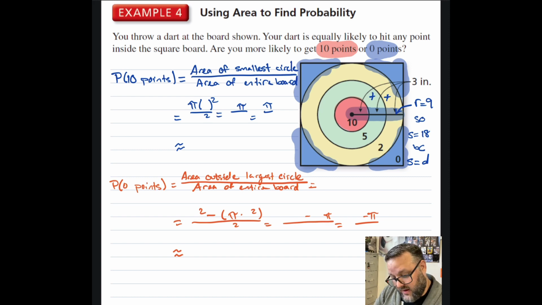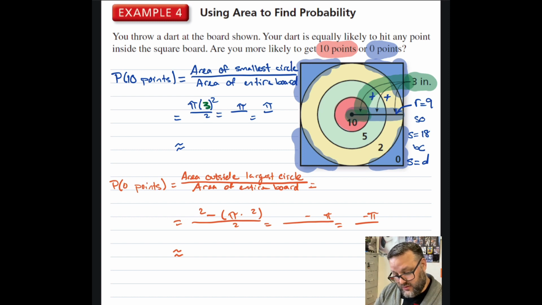So we find that the inner circle has a radius of 3 right here, because we can follow this line to a point between a center line and its edge, which is the definition of a radius. And luckily, the area of a circle is pi times radius, in this case 3 squared.